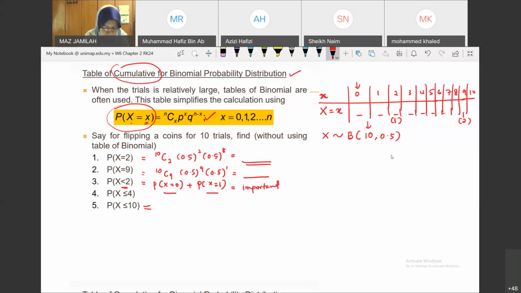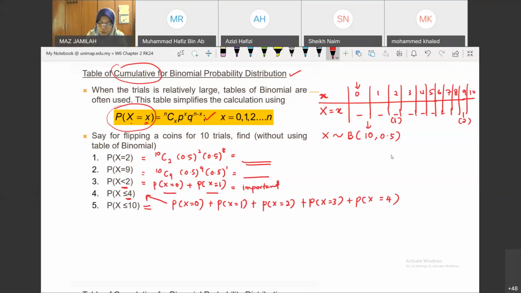What about P(X less than or equal to 4)? It means that you will have to include the sum of the probabilities from 0 until 4: P(X = 0) plus P(X = 1) plus P(X = 2) plus P(X = 3) plus P(X = 4), because 4 is included.